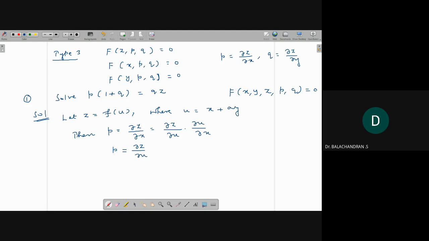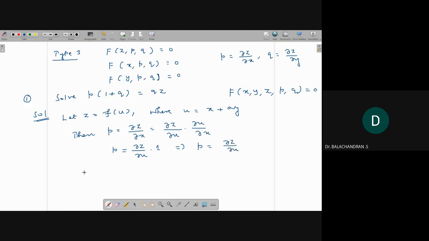Dou u by dou x from here is 1. So this implies p equal to dou z by dou u.